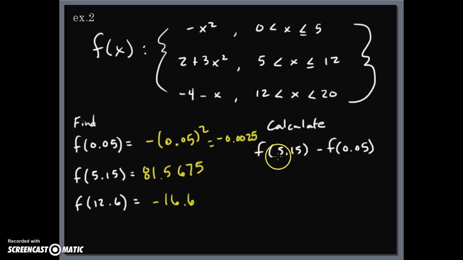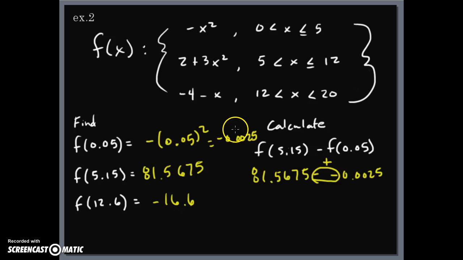Now I'm going to calculate, so the output of the input 5.15 would be 81.5675 minus, and the output for the input here was a negative 0.0025. So here I have a double negative, so I'm actually going to add them.